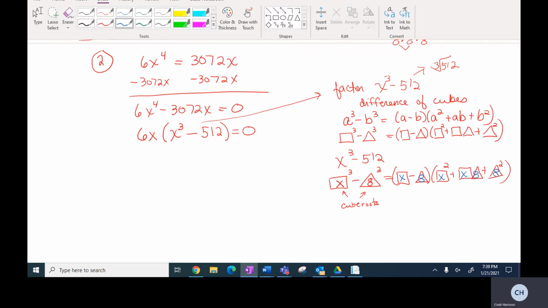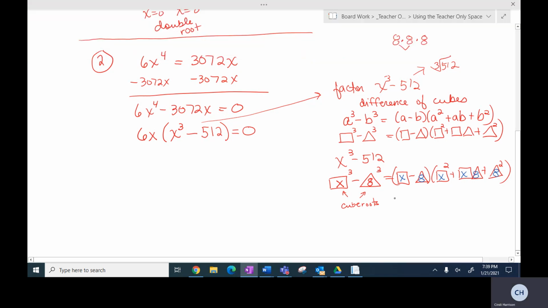And then it's just a matter of removing the boxes and seeing what we have left. So that would be X minus 8. This tells us to square what's in that box, so that's X squared. This tells us to multiply X times 8, well that's 8X. And this tells us to square what's in that box, which is 64.